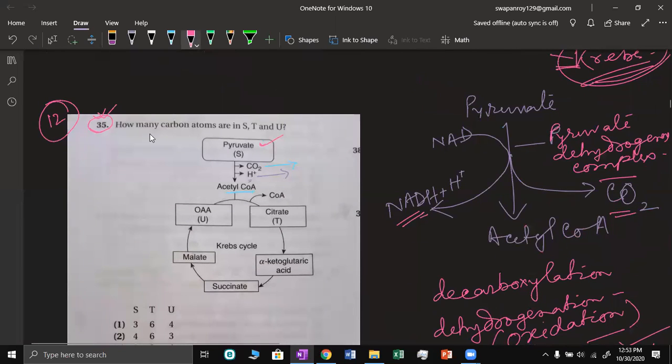How many carbon atoms are there in S, T and U?